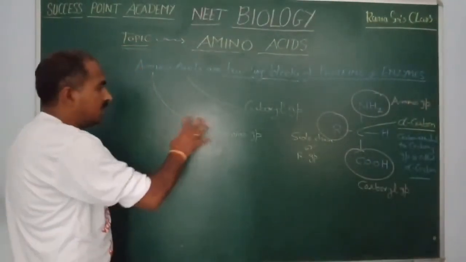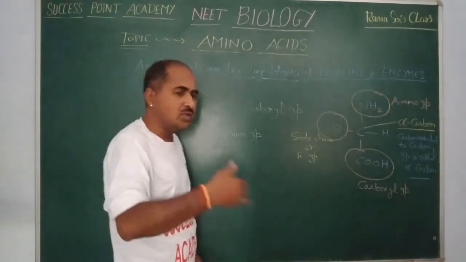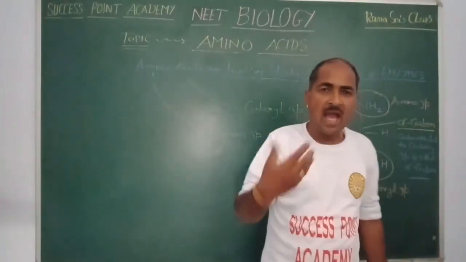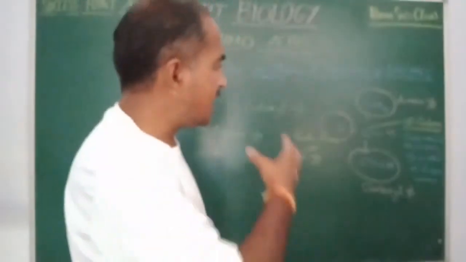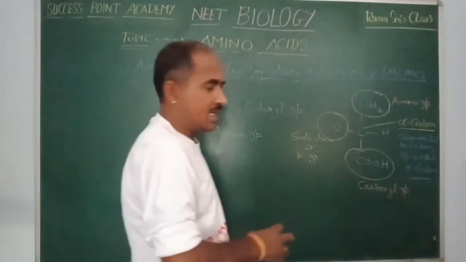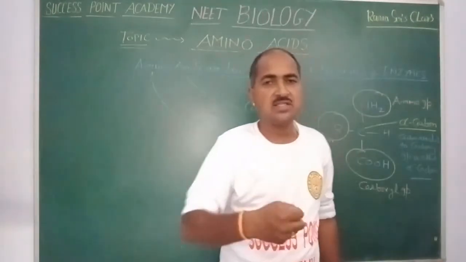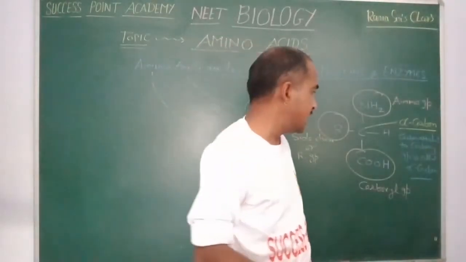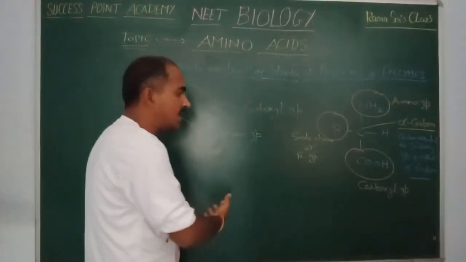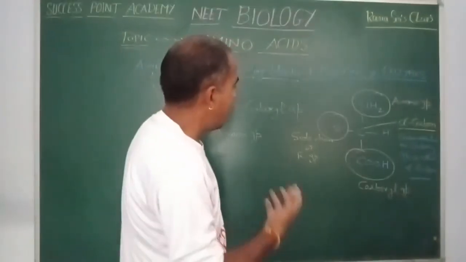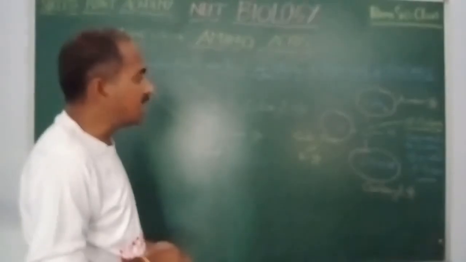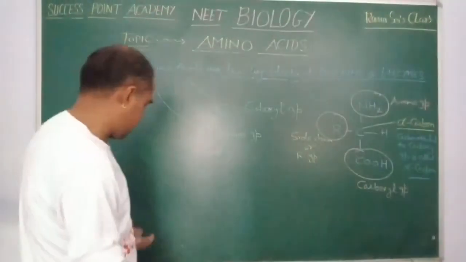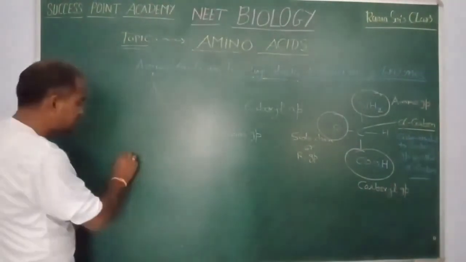So now, let us see one thing: how they help to form proteins. You know, chains of different types of amino acids arrange themselves to form proteins. And these linear chains are basically what? Polypeptide chains. So basically what happens?